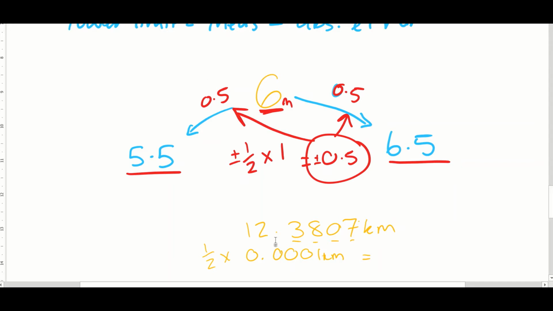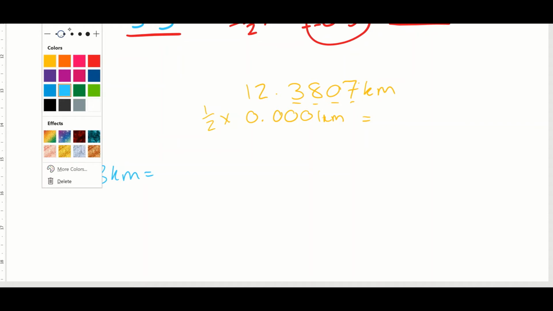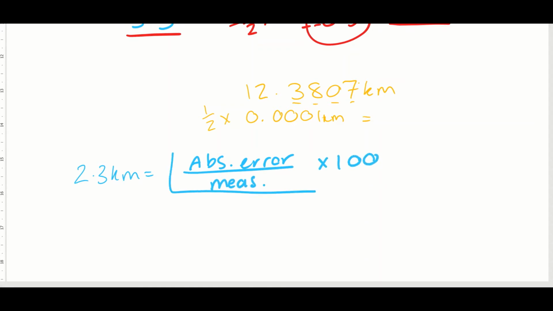So the last thing is your percentage error. If they say calculate the percentage error of the measurement 2.3 kilometers, there's a formula. It's as easy as you take your absolute error, you divide it by the measurement, and then to turn it into a percentage, we times it by 100. And that there is your percentage error.